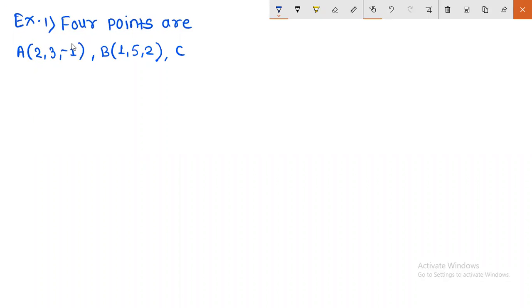Then C, having coordinates 3, 1, minus 5. And D, having coordinates 1, 2, 3. So these are the 4 points given.